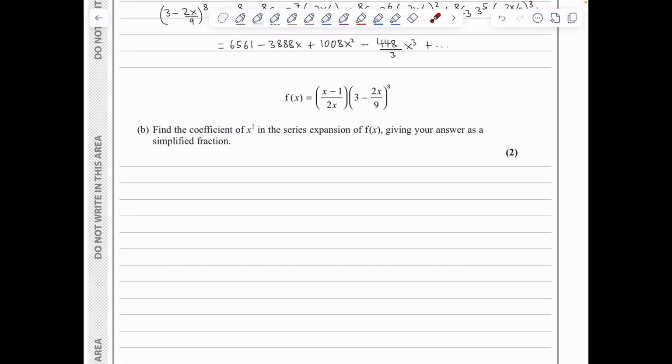In part B, we need to find the coefficient of x squared in the series expansion of f of x defined here, giving our answer as a simplified fraction.